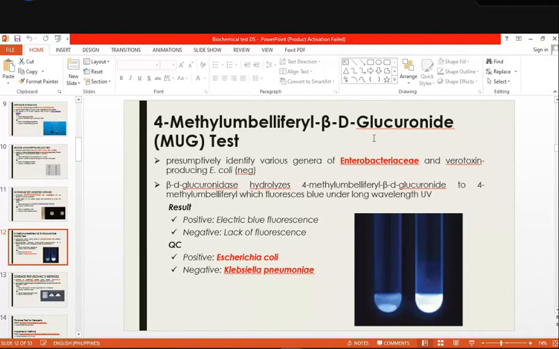Our substrate there is 4-methyl umbelliferyl beta-D-glucuronide, or in short, MUG.